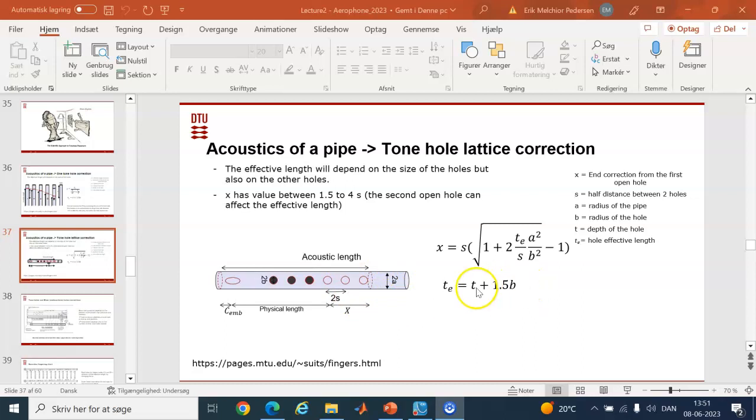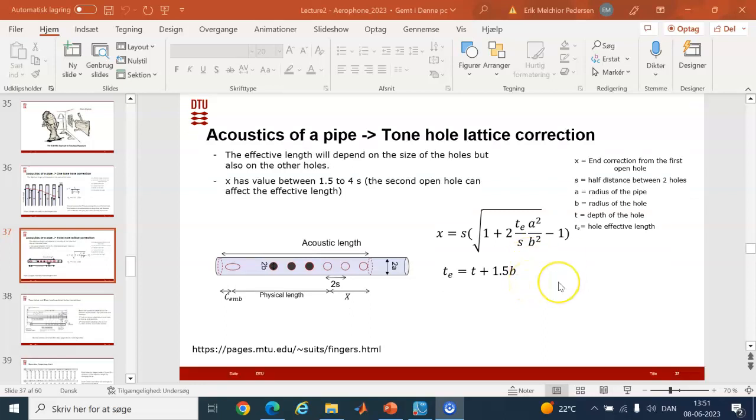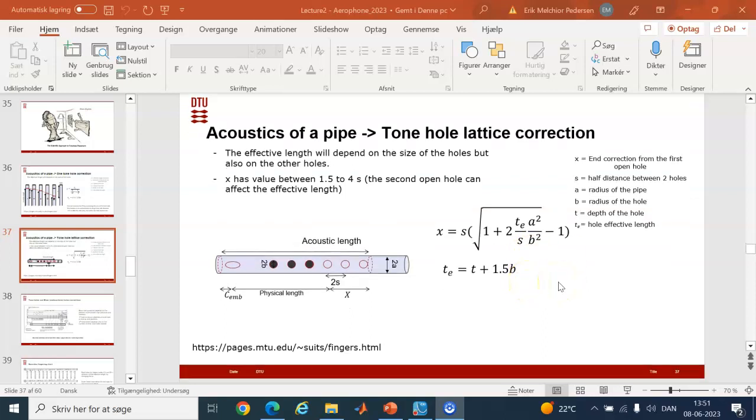See here again, a little bit complicated formula for X. In English, a little bit complicated expression.